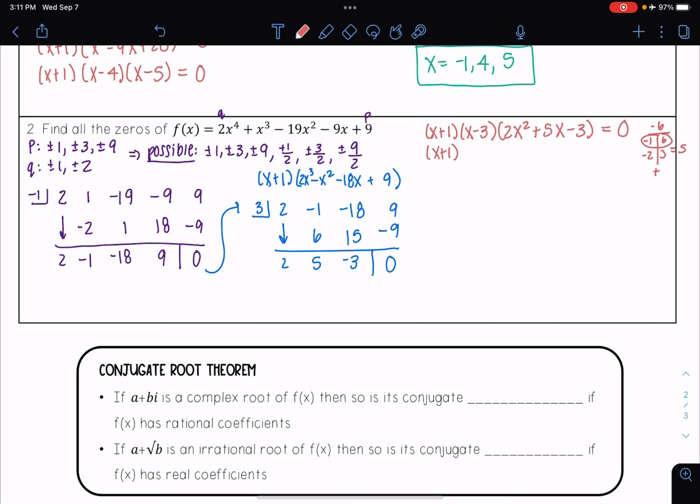So I have x plus 1 times x minus 3, 2x squared minus 2x, minus x, plus 6x minus 3 is equal to 0. I can take out an x in this first one, so I'm left with 2x minus 1. I can take out 3, so I'm left with 2x minus 1.